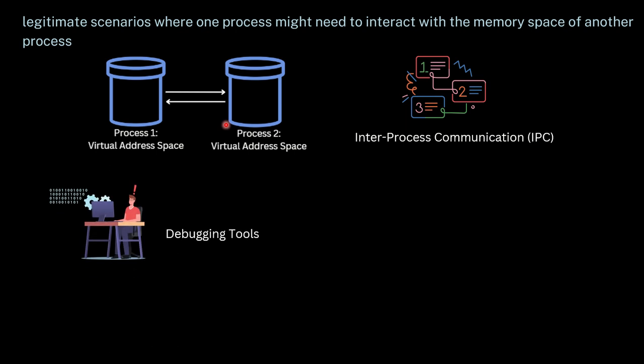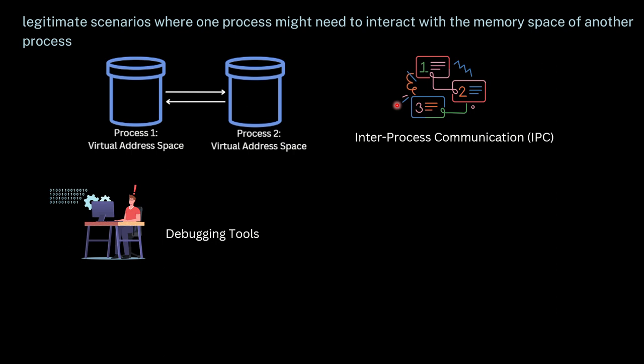Let's first discuss some of the common scenarios why this inter-process communication is allowed in operating systems. One is debugging tools: to debug, troubleshoot, or investigate their application, they need to attach their debugging tool's process to the application's process, and they will also write to and read from another process's address space.